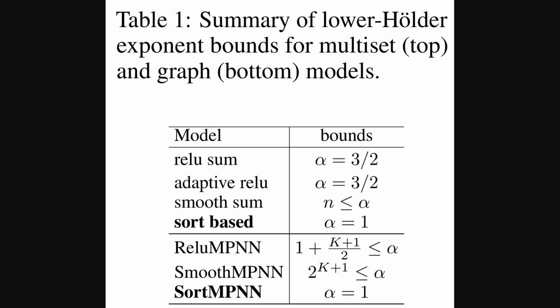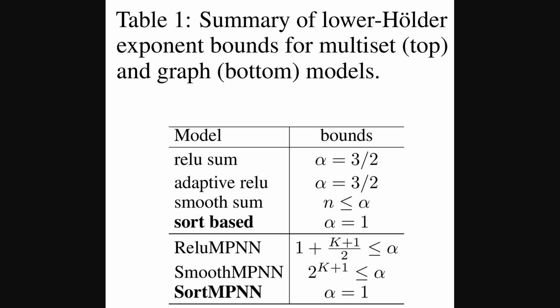Building on what we saw with activation functions and separation, this table summarizes theoretical lower-Hölder exponent bounds. This exponent, alpha, quantifies separation quality. A smaller alpha, ideally 1, means the model better distinguishes different inputs. For multiset functions, which handle item collections, sort-based methods achieve that ideal alpha of 1.